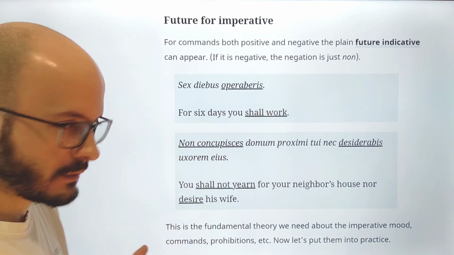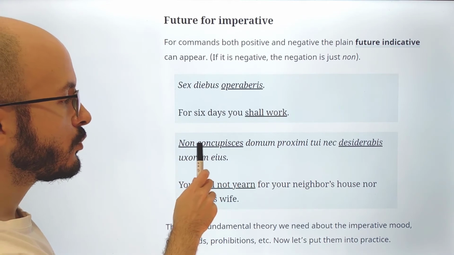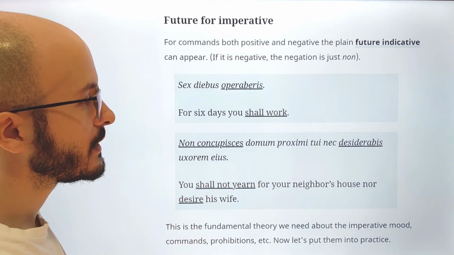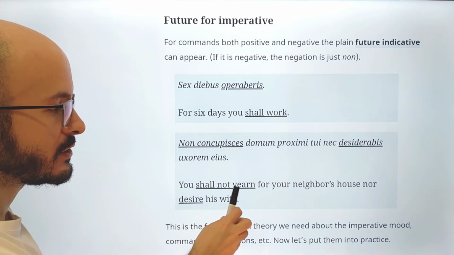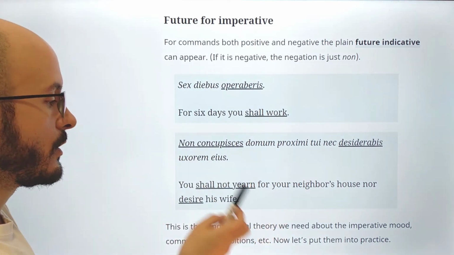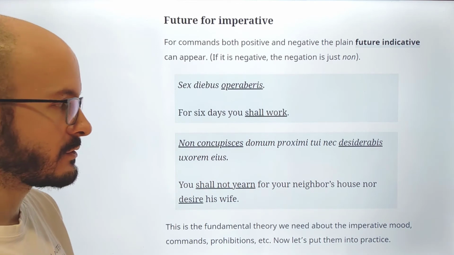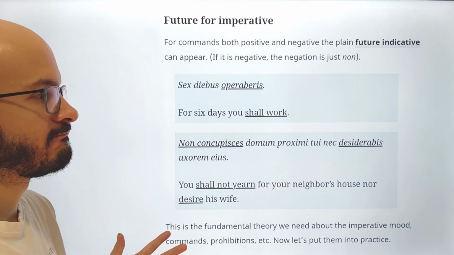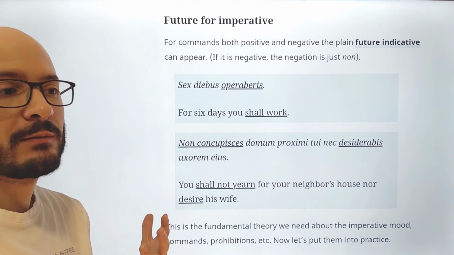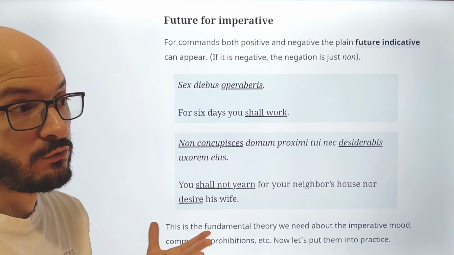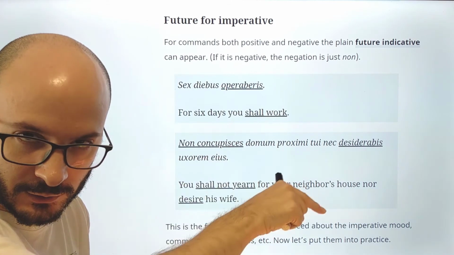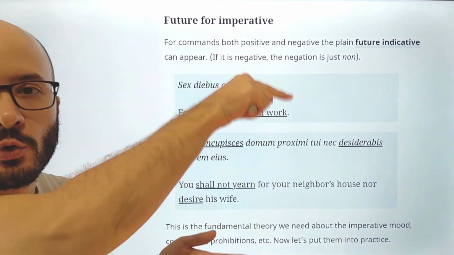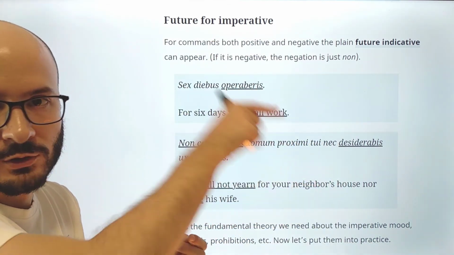Then, non concupisces domum proximi tui nec desiderabis uxorem eius: you shall not yearn for your neighbor's house, nor desire his wife. So you see that the future can be a kind of strong order, like you will not, you shall not. Or also in the positive, you will, you shall do whatever I say.